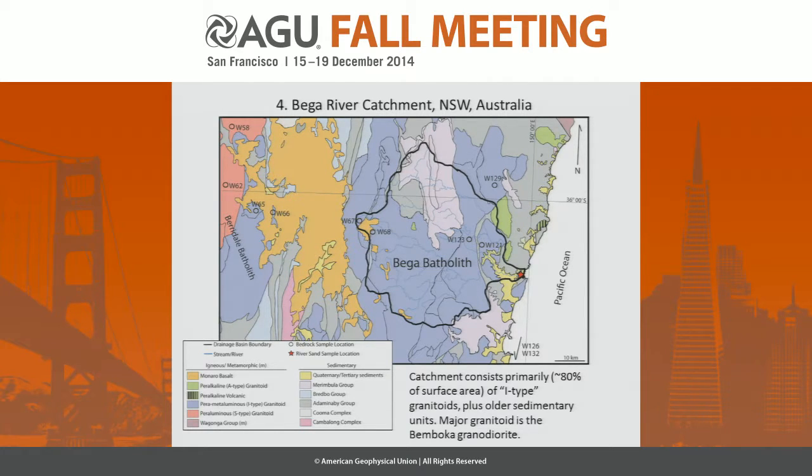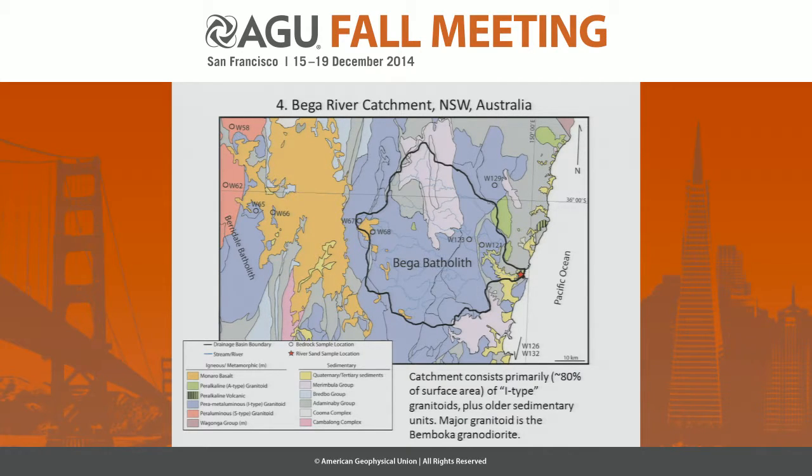There are also some sedimentary units in the northern portion of the catchment that predate the crystallization of the granites. And there are some peraluminous granitoids to the west of the basin. And so if we think about the bulk rock chemistry of granitoids, peraluminous granites typically have elevated aluminum content, and we would expect that to be reflected in elevated aluminum activity, which would also therefore be reflected in higher aluminum concentration in the quartz.